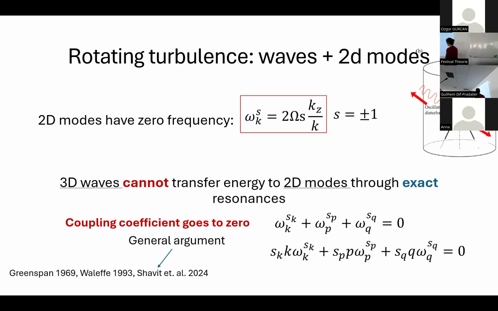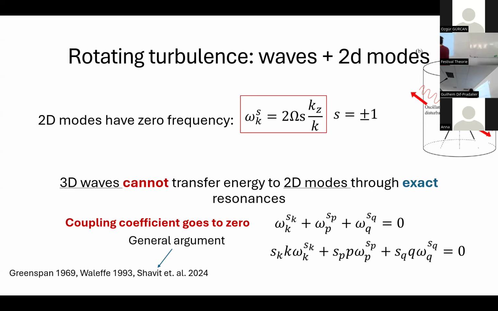So if you assume this resonance condition, then the transfer coefficient from 3D to 2D just goes to 0. So there's no energy being transferred between these two manifolds, the 2D manifold, which is 0, and the 3D manifold.